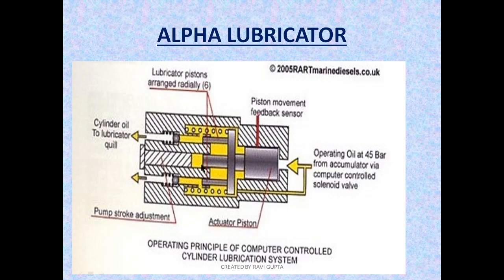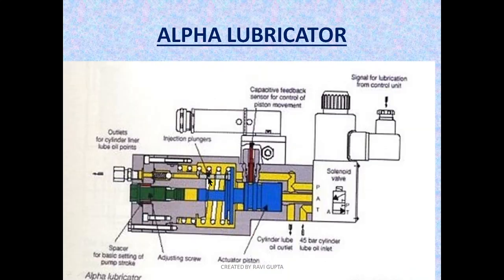It has a factory setting and is not normally adjusted by the ship's staff. When the alpha lubricator maintenance comes, only then is the adjustment screw setting changed. I hope you have a clear idea. Now let's move to the next slide.